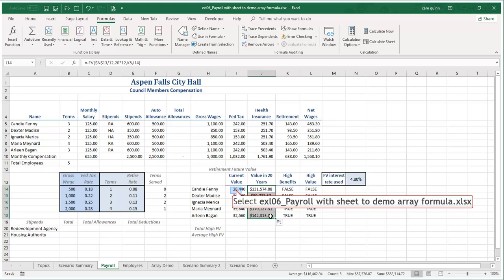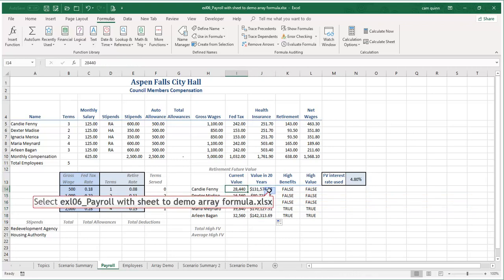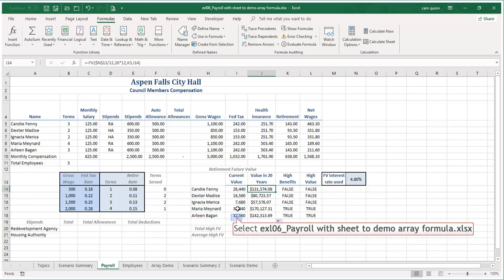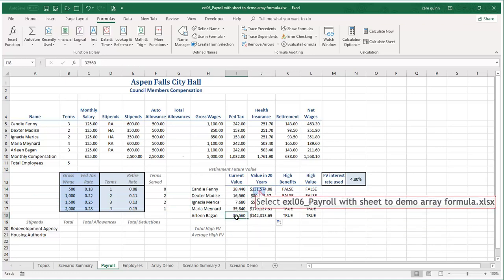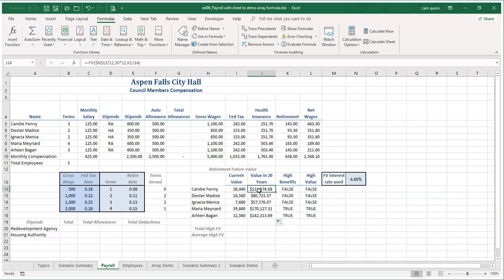This person had $32,000 and they ended up with 66. Well, obviously there was something wrong because this guy had 131 and he had less money. So there was a problem. That's when I went back into the formula and realized that I had not made 4.8% an absolute reference. So you always have to double check your formulas to make sure that they make sense.